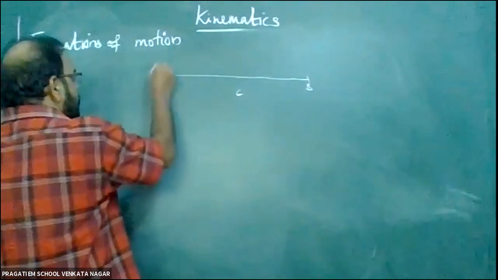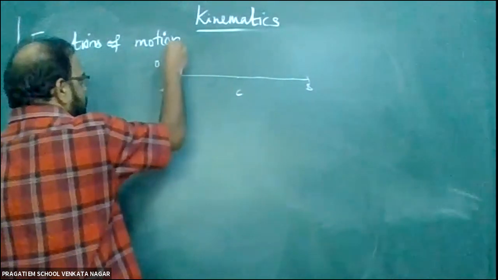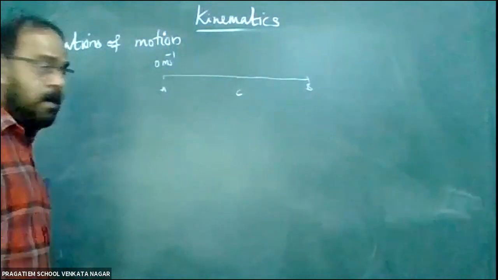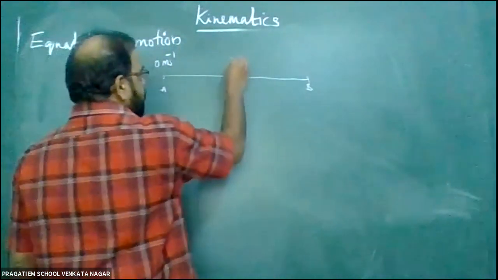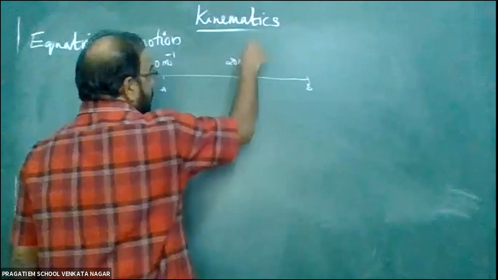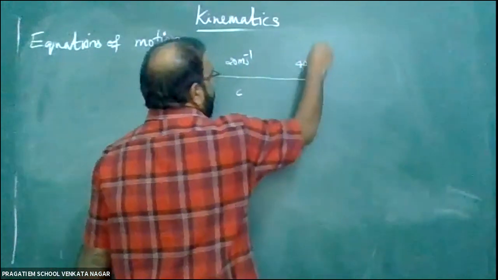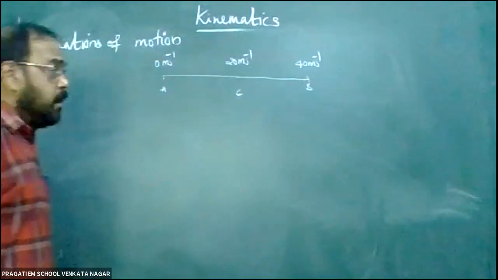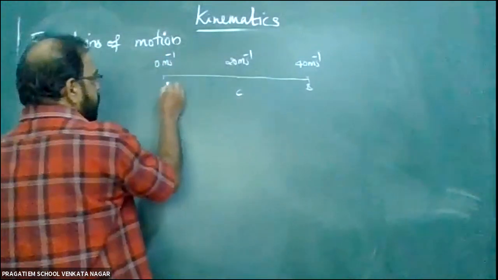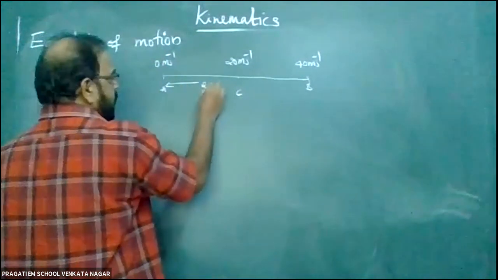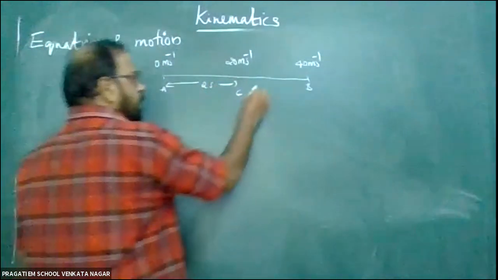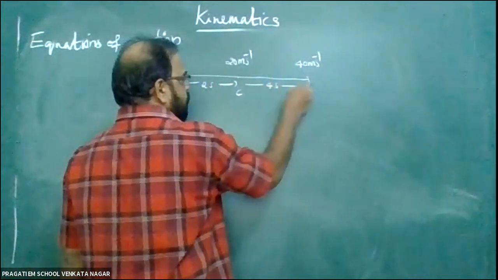Initially it is starting from a velocity, suppose 0 meter per second. At C its velocity is 20 meter per second, and at B its velocity is 40 meter per second. Suppose the time taken to reach C is 2 seconds, and here let us say for example it is 4 seconds.